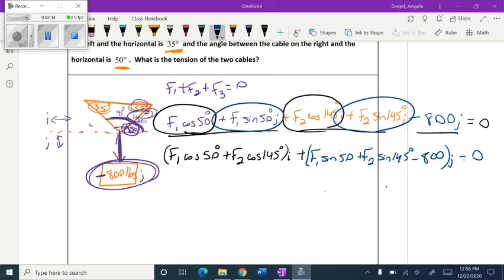And so what I'm going to do is just find these values, clean them up, find these values, and just kind of clean it up a little bit. So we're still going to have the F1 and F2 and all that yuckiness. But what I'm trying to do is turn it into an IJ vector. So that's kind of where we're headed. So go ahead and clean it up a little bit.